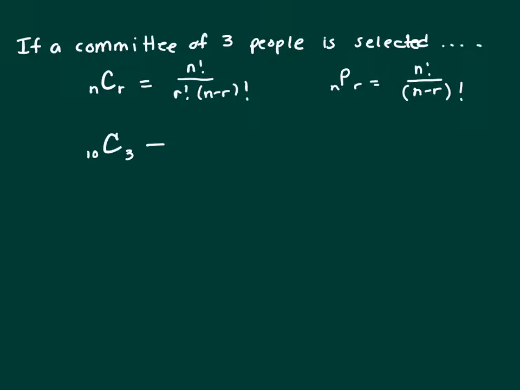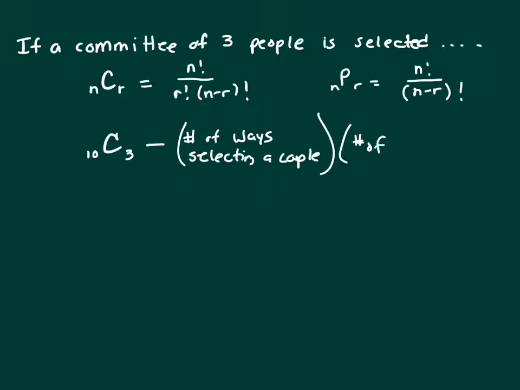So what I need to figure out is the number of combinations minus the number of ways of selecting a couple times the number of ways to get the third person.